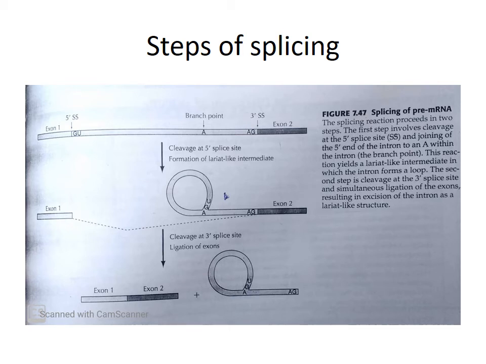In this figure, 5' SS is marked near exon 1, that is the 5' splice site, and there is one more, 3' SS, near exon 2, which is known as the 3' splice site. Now, in the first step pre-mRNA is cleaved at the 5' splice site, and the 5' end of the intron is joined to an adenine nucleotide within the intron.